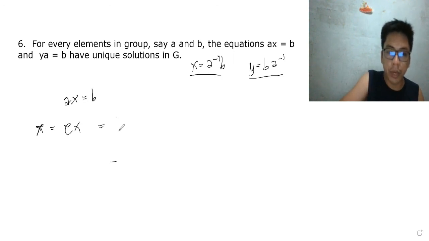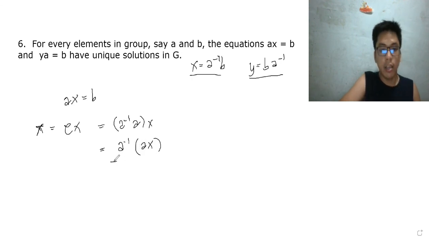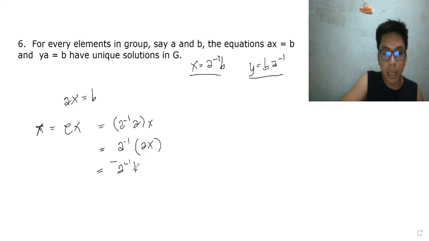This is actually the binary operation of A inverse A, X. So I can write A inverse, and I have AX. Remember that associativity holds in G, so therefore I can do this one. This is valid. And this is A inverse, and this AX is just B. So this will tell us that it has a solution.